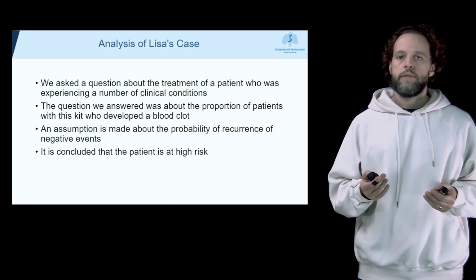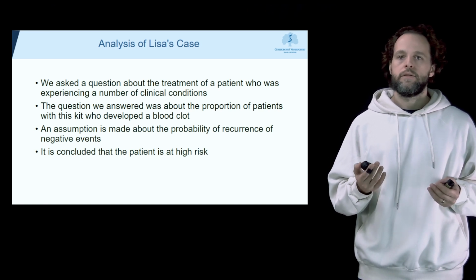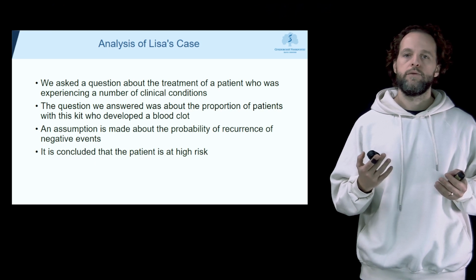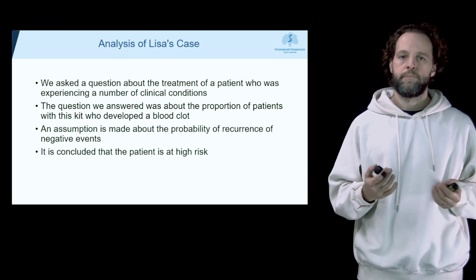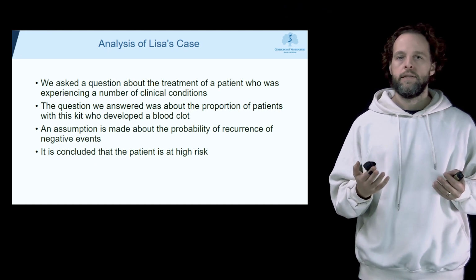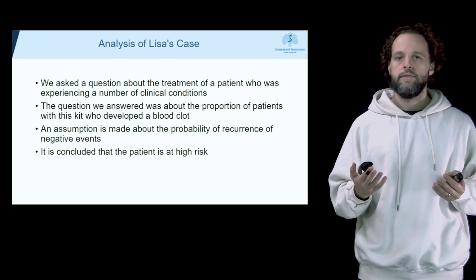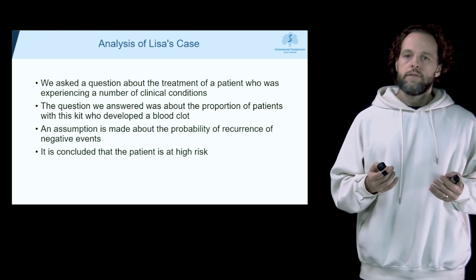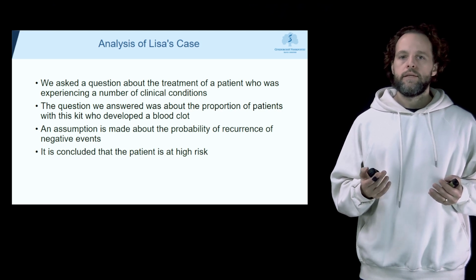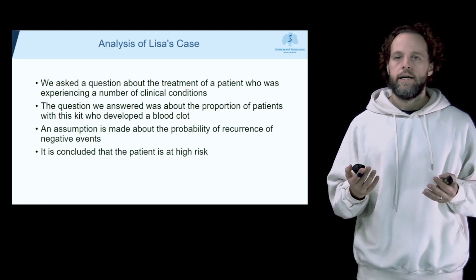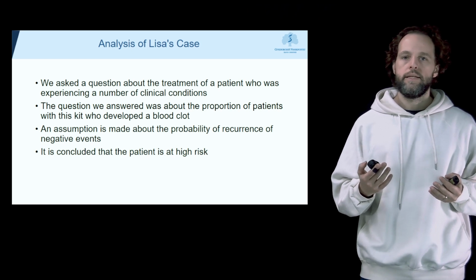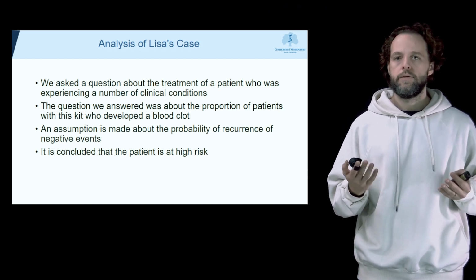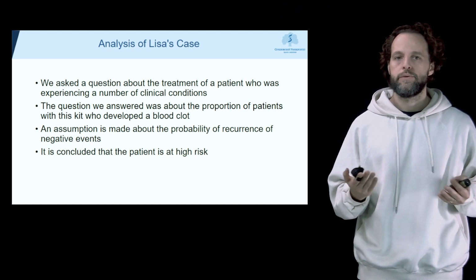We then need to make the assumption that what happened to these patients is likely to happen to Lisa as well. The assumption and the resulting conclusion give us a risk stratification. So, if we conclude that Lisa is at high risk, it will be clear what treatment to offer her, namely whether to use these anticoagulants or not.